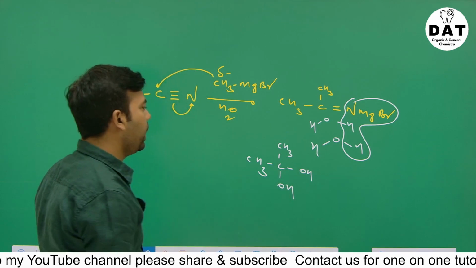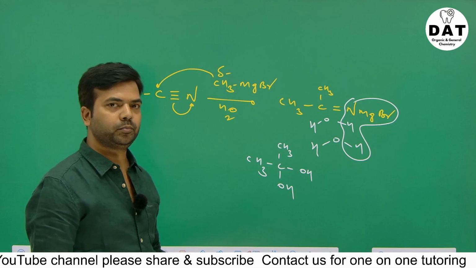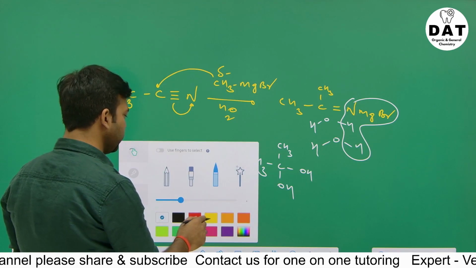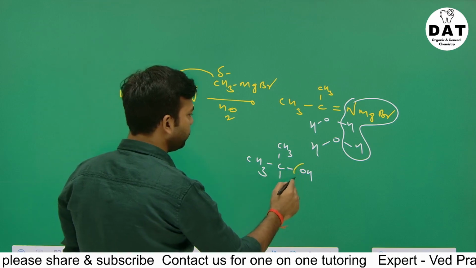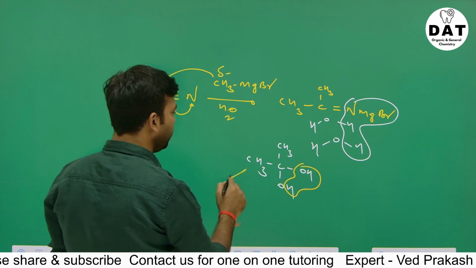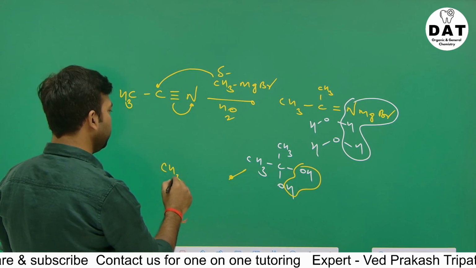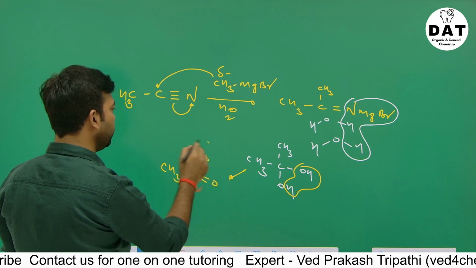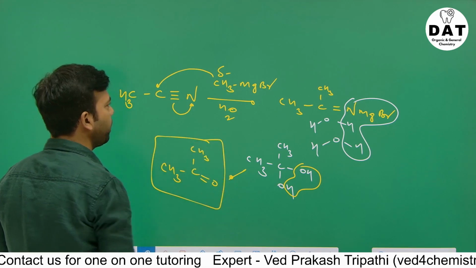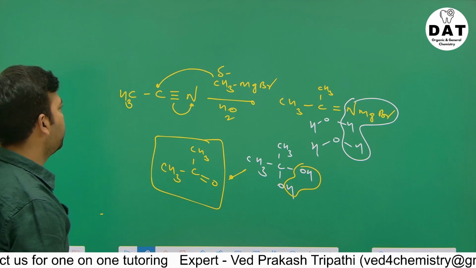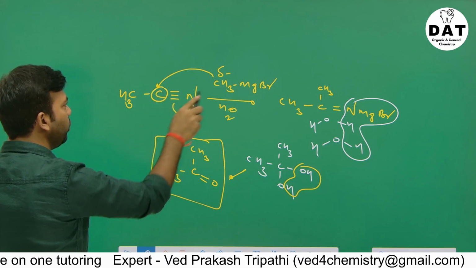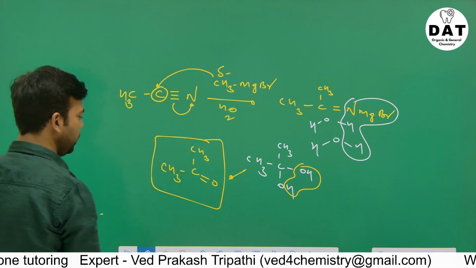I said that a carbon with 2 OH is always unstable, so there is a loss of water and it becomes a ketone, CH3, C double bond O, CH3. So this is the final product. Clear? The simple thing is that you have to convert this carbon into C=O and attach it with this CH3. Make sense?